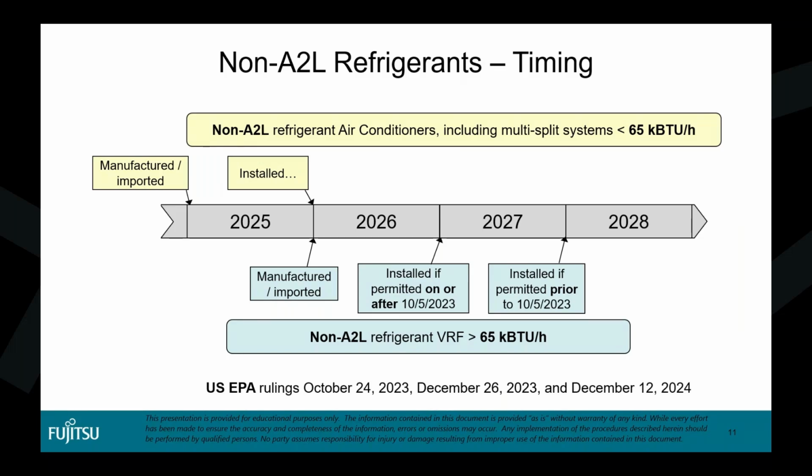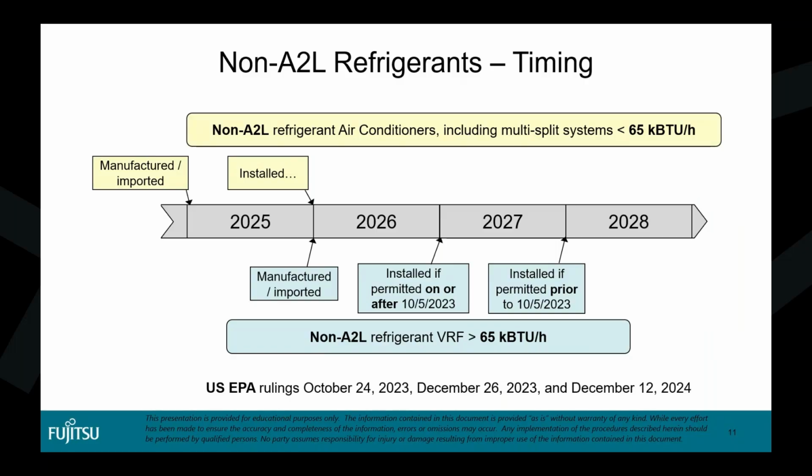So those that were manufactured or imported by early this year can still be installed during this year. There is some work going on there, so it might be an extended sell-through, but it might be extended. But as of today, it has to be done by the end of this year for those non-A2Ls below 65,000 BTU.